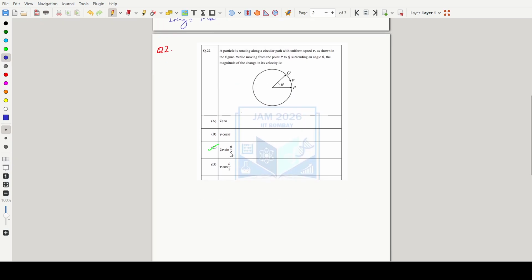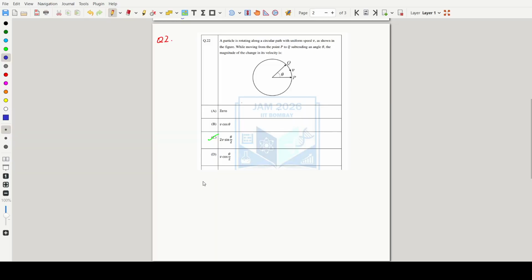Okay, this is the approach that I have in my mind. You know that in circular motion, the velocity's direction is always tangential to the circumference, correct? So my velocity vector has its magnitude, but always in the theta hat direction. How do we actually get this?